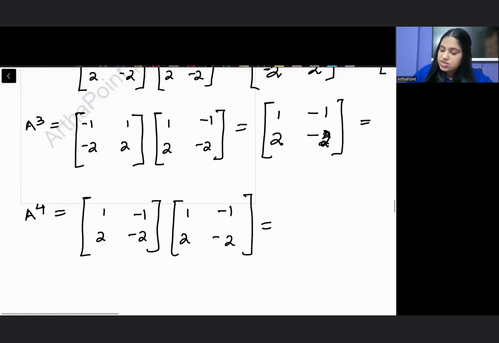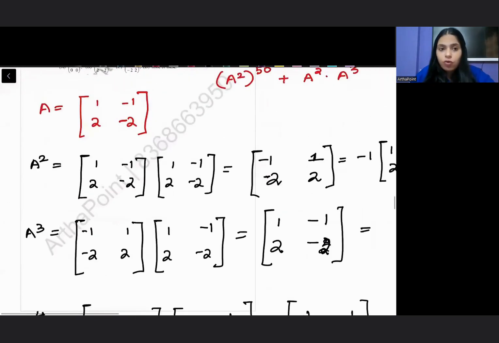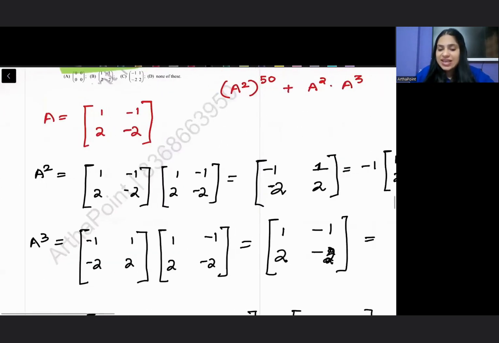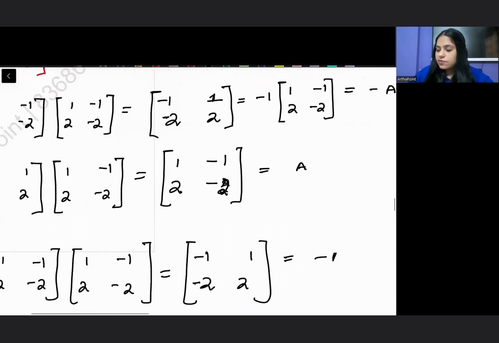And you can notice that this will come as 1 minus 2, minus 1, minus 1 plus 2, 1, 2 minus 4, minus 2, and minus 2 plus 4, 2. So you notice that A to the power 4 has actually come out exactly as A to the power 2, which is nothing but minus of A.